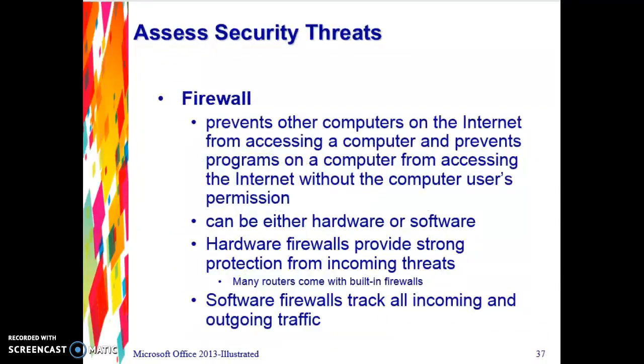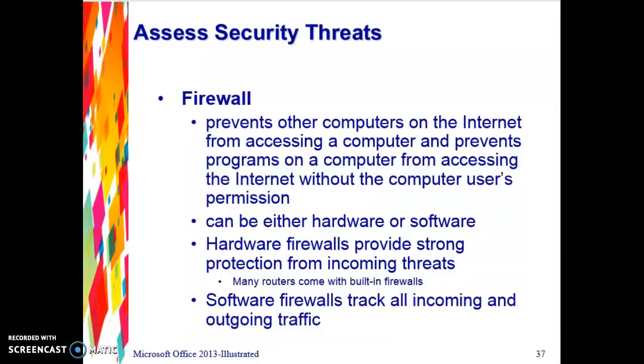The next thing that they cover in this section is the firewall. The firewall is what many of us have if we're working on a network that is company owned, and it basically prevents any other computer on the internet from gaining access and doing things to our computers without our knowledge. So it could be actual hardware or it could be software.